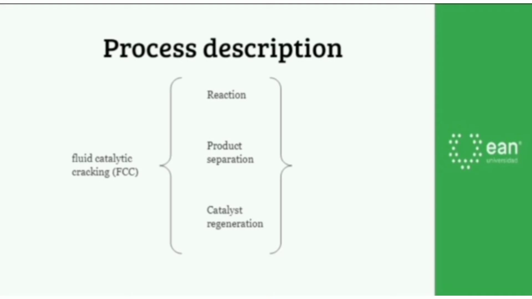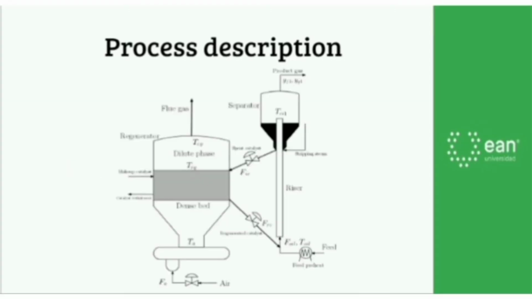Process description. The fluid catalytic cracking (FCC) process consists of three steps: reaction, product separation, and catalytic regeneration. On the feed side, crude oil is mixed with hot recycled catalyst from the regenerator, and the combined materials are fed to the riser.